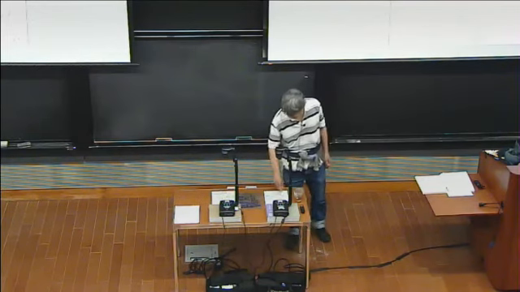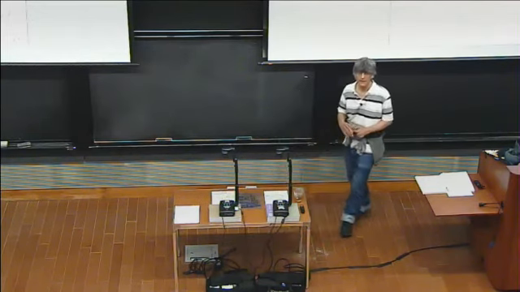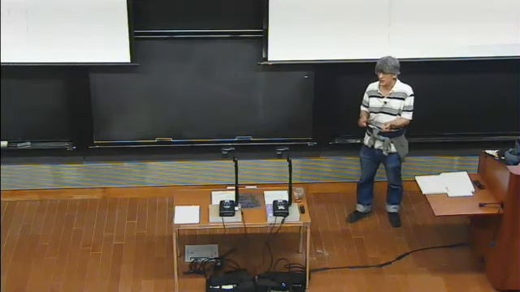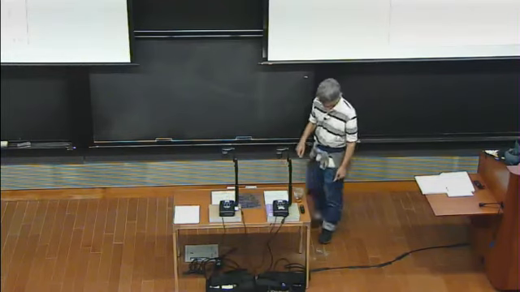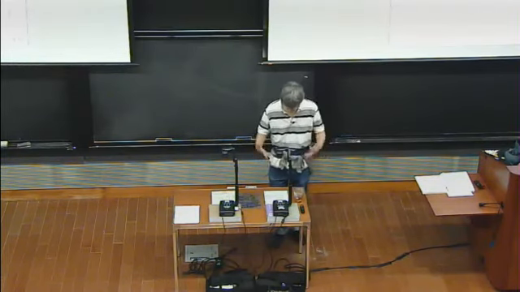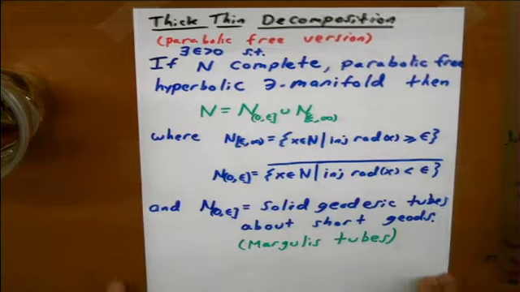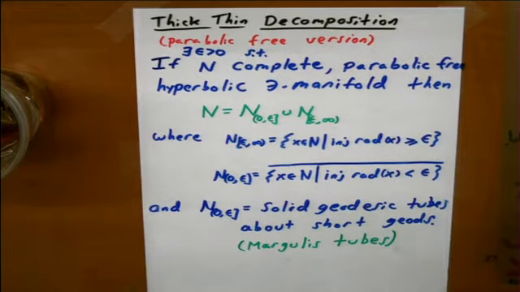And then there's the thin part, which is everything else, and those are simply solid tori that are neighborhoods of short geodesics. So for complete hyperbolic manifolds, you have these solid tori which enclose all the short geodesics, and the rest of the manifold consists of points with some uniform bound on injectivity radius.